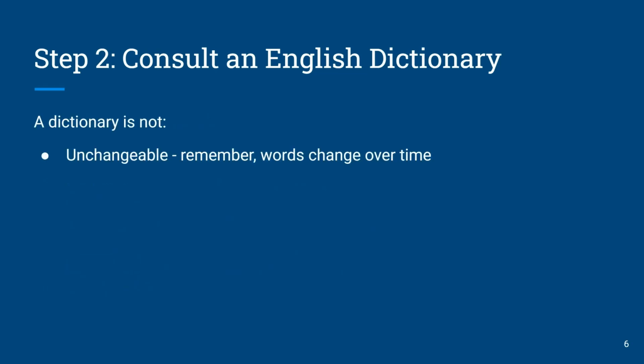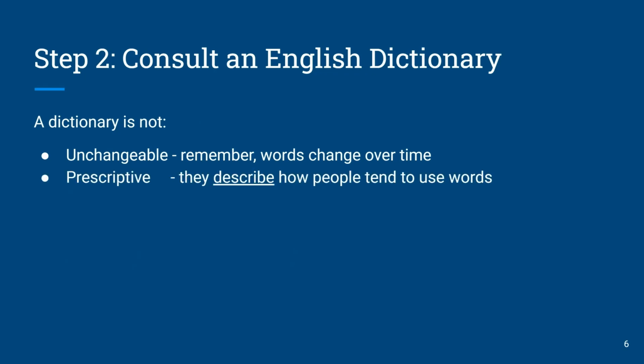Now, a dictionary is not unchangeable. That's the first thing to remember. Words do change over time, and a dictionary's context changes over time. This is also because, fundamentally, a dictionary is not prescriptive. It is not meant to prescribe or define, even though that's a poor use of that word there in my case.